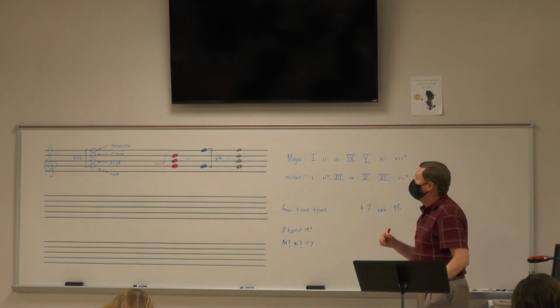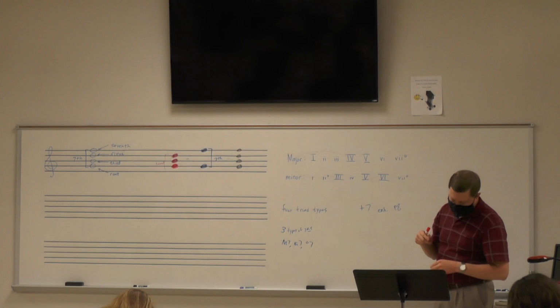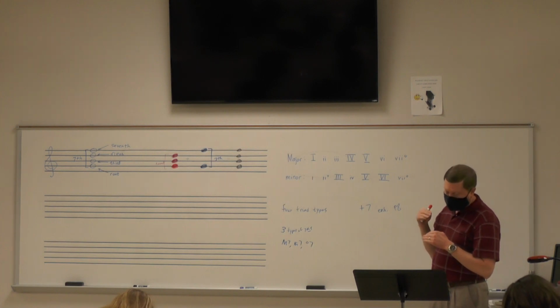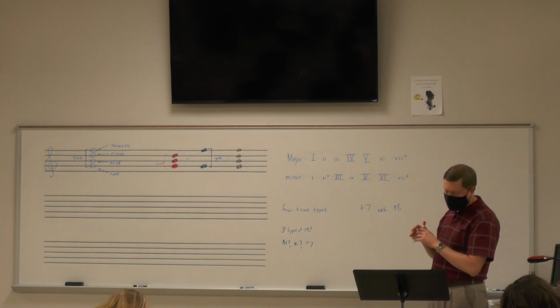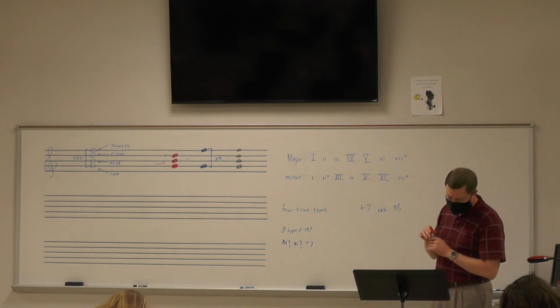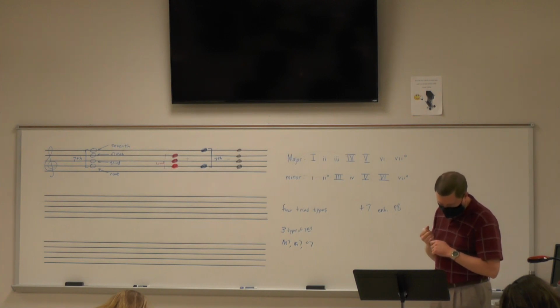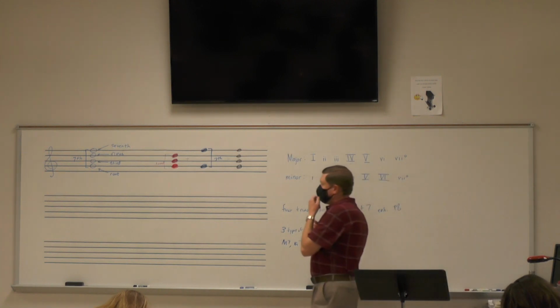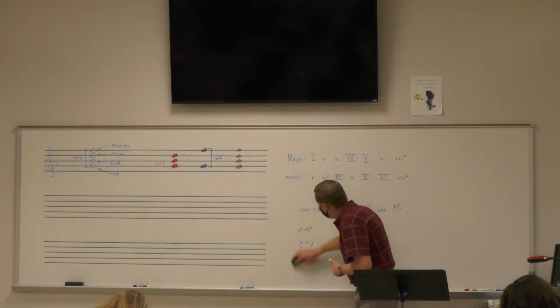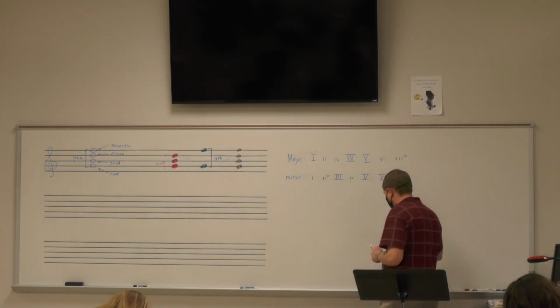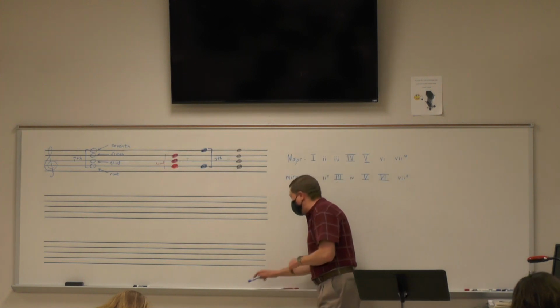So, as I said, seventh chords are identified by labeling the type of triad at the bottom of the seventh chord, and then the type of seventh interval that's formed between the outside notes, the root and the seventh member of the chord. There are a total of 5 types of seventh chords that we're going to mess with, and they're labeled like this.